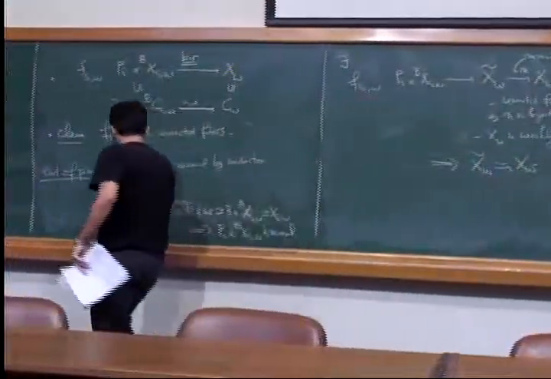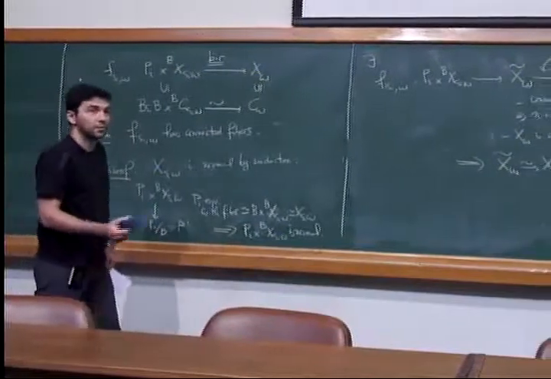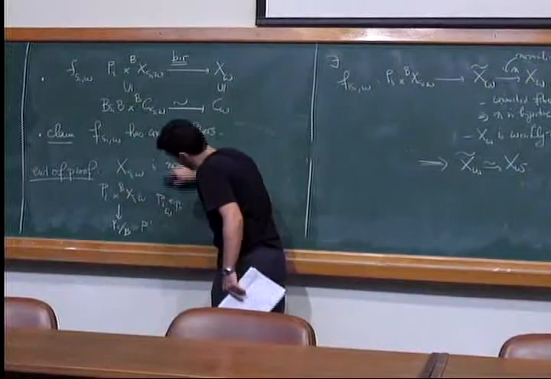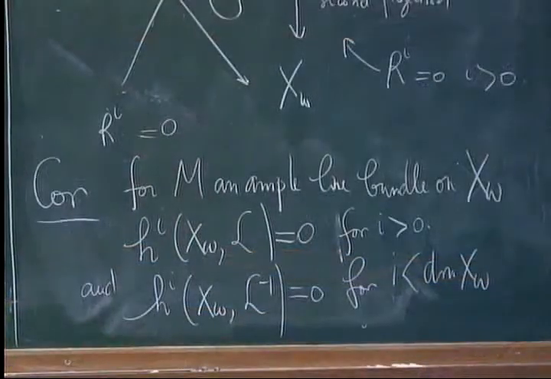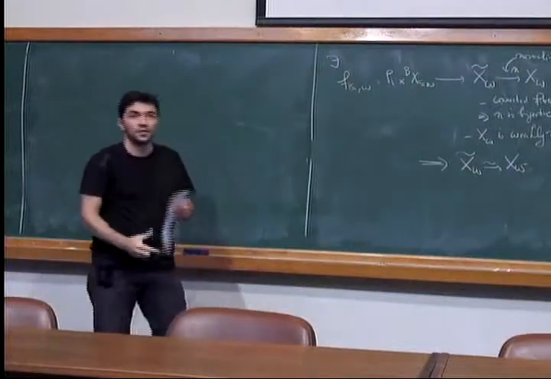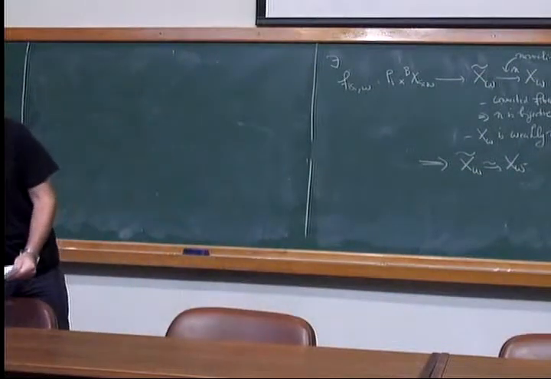So I promised yesterday that I will use the D-splitting with respect to some effective divisor. So I won't do that because you need to work more, in fact. But I will state what you get using this D-splitting theory.